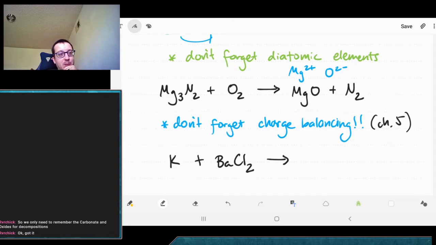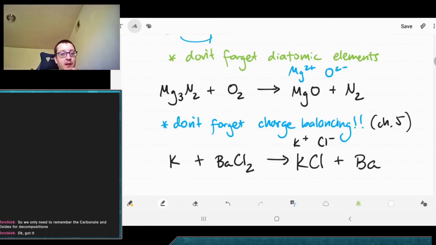Our element by itself is potassium. Potassium is a metal. It's going to kick out the other metal, being barium. So we're going to need to now form a compound between potassium and chlorine. So we'll have to remember, okay, potassium always is +1. Chlorine is always -1. So the product, one of the products at least, will be potassium chloride, just KCl. And then you'll get your barium out.